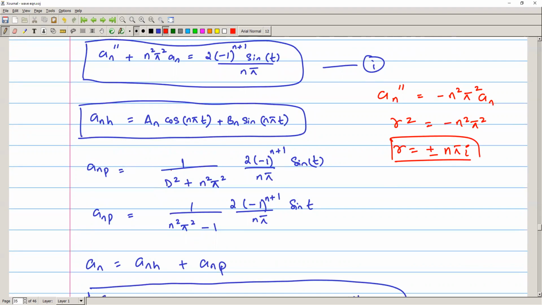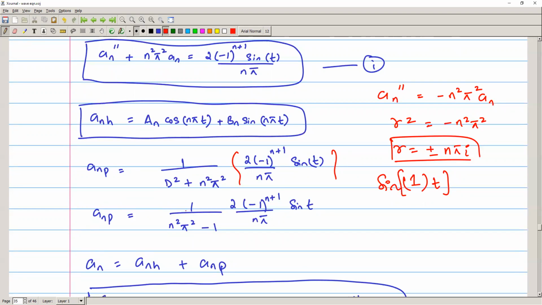For the particular solution, we will use the operator D method: 1 over D squared plus n squared pi squared acting on this function. Here we have sine t, which means the coefficient of the angle is 1, because sine t is sine 1t.